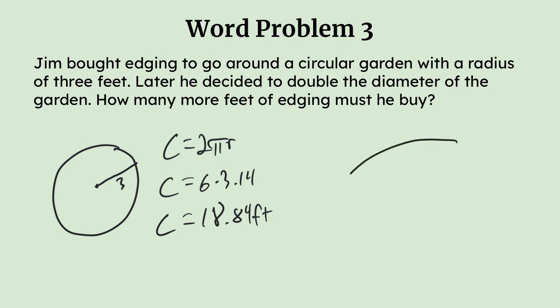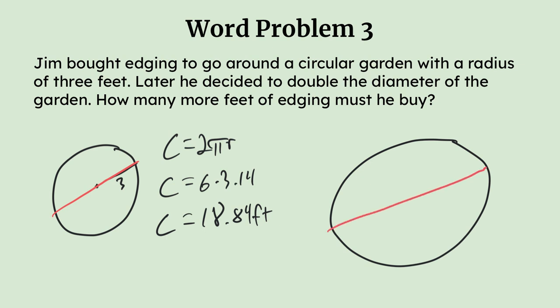Then we have a second circle. What was the diameter of that first circle? 6 feet. So what's the diameter of this one? The diameter would be 12, right? So then we can use the other circumference formula here, C equals pi d.